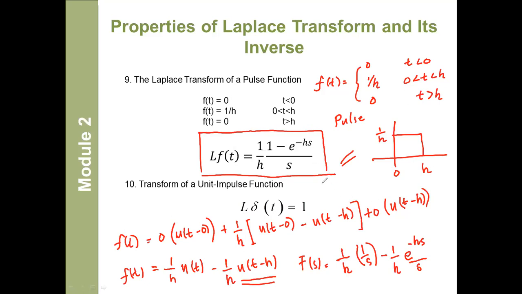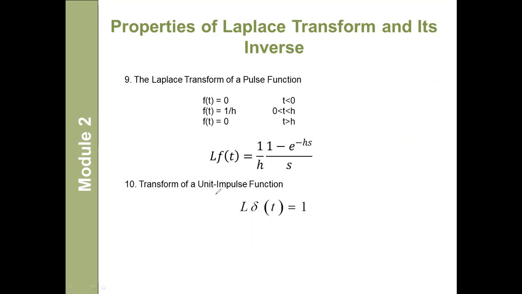Now, I will erase everything here because I need to discuss the impulse, the unit impulse. The unit impulse is just, shall I say, an idealized mathematical representation of a pulse. But when do you apply the impulse function to a pulse?